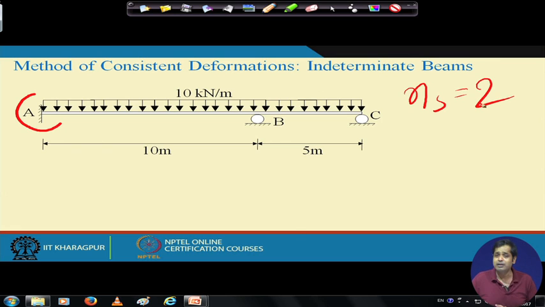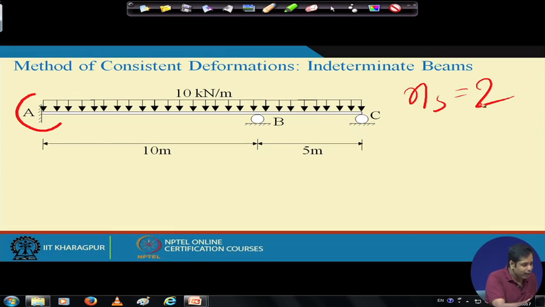Now, the next step is the choice of redundant forces. When you have more than one redundant force, your choices also become more. Okay, but you have to choose those primary structures which are determinate as well as stable.